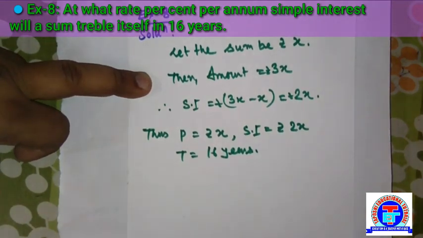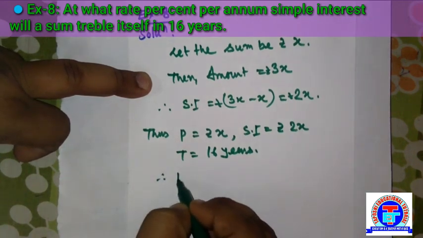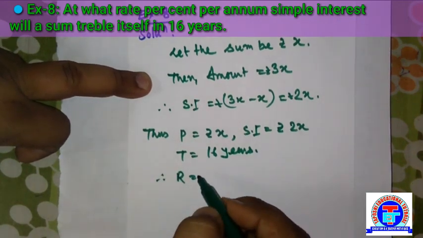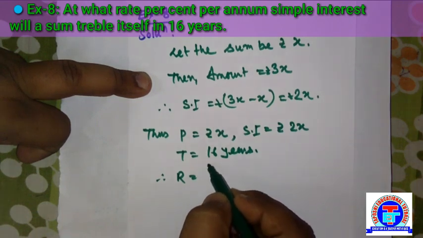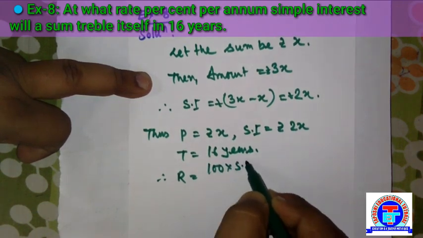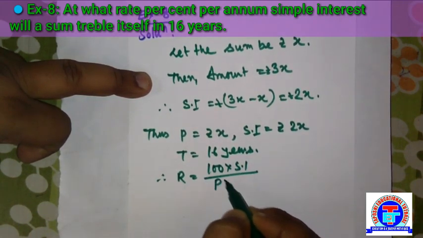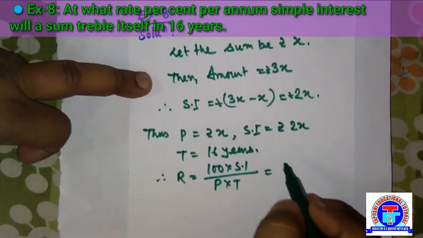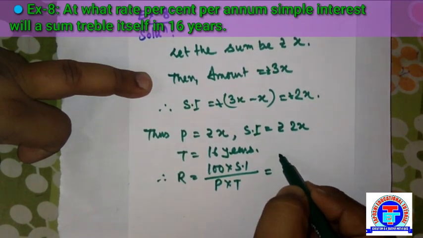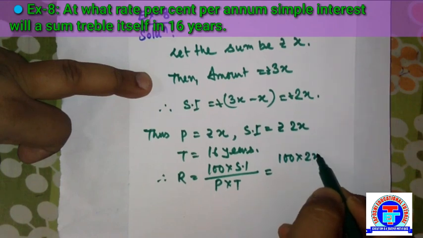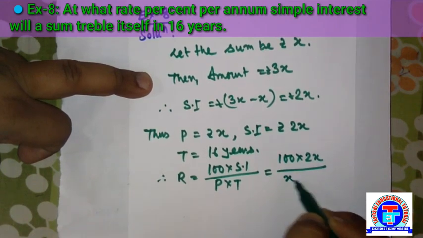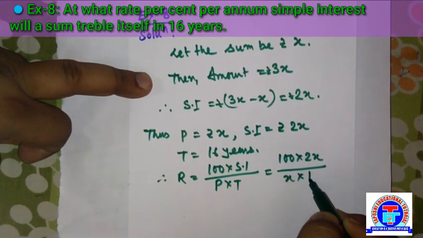So the rate of interest, therefore, we can write 100 into SI divided by P into T. That means it will come 100 into 2x by x into 16, right?